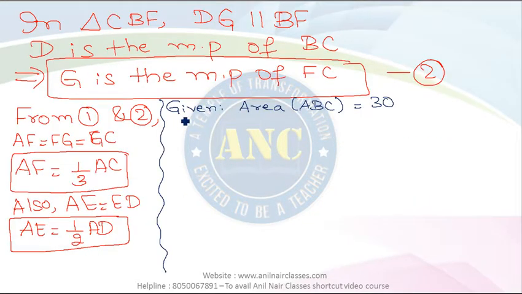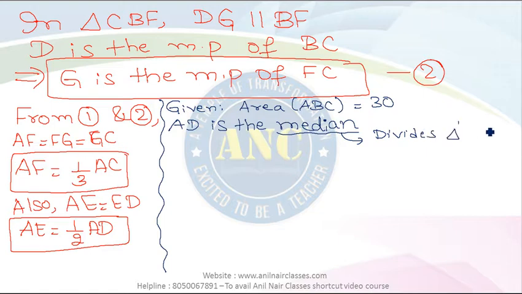Now AD is the median. What is the property of a median? A median divides the bigger triangle into two equal parts. I hope you are understanding.